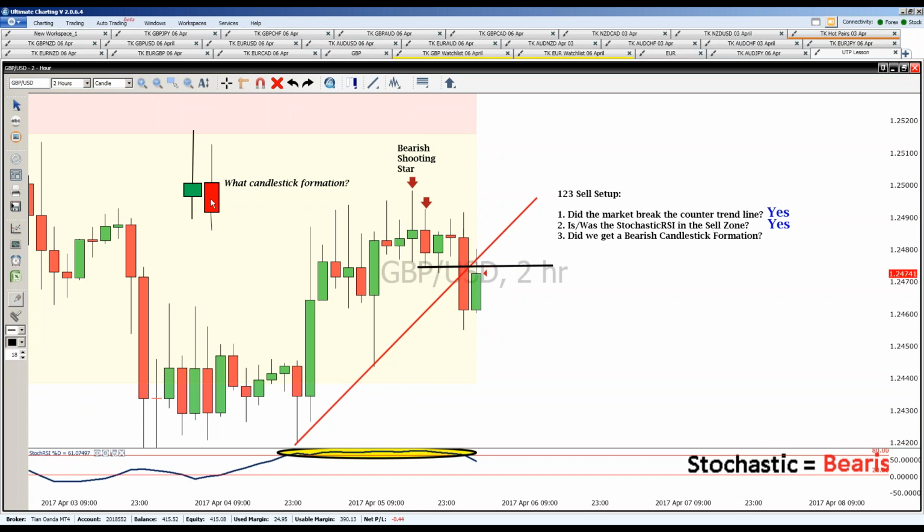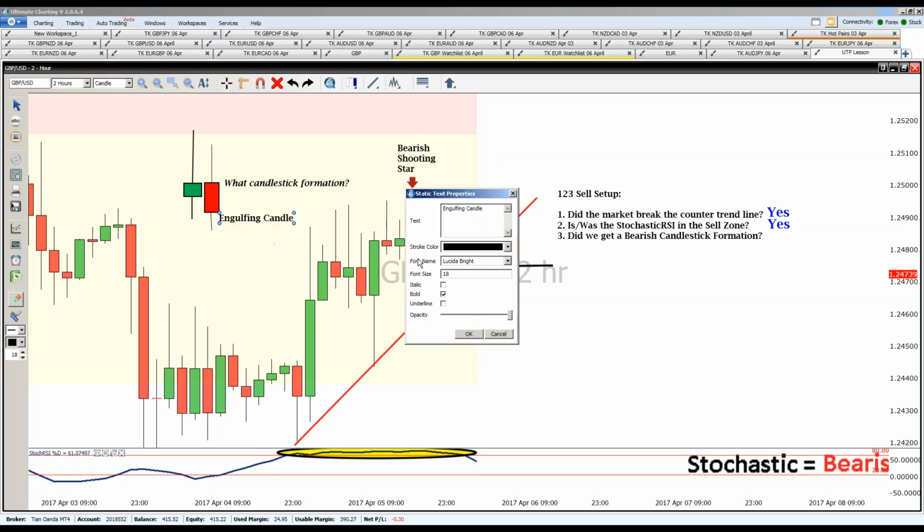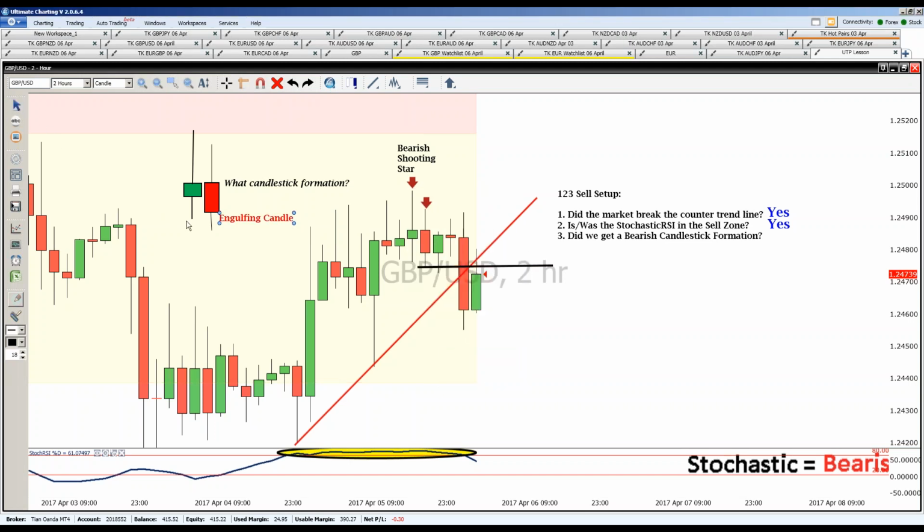Well done, Larry. Doesn't this look like an engulfing candle? It totally engulfed the previous bullish candle, closed way below it. Can you see that's a bearish engulfing candle?